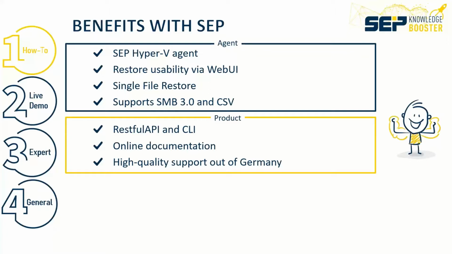You can also deploy the agents via an MSI installer, and you can directly configure and perform the backups with an automated process. We also have the online documentation, our wiki. We will have a look at our wiki later to see what you need when you start with the configuration for Hyper-V.